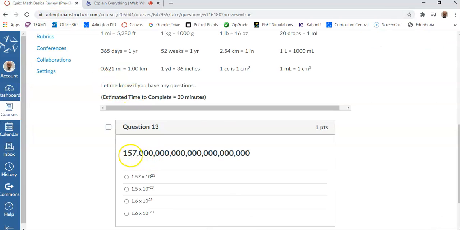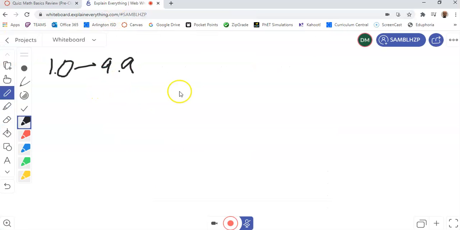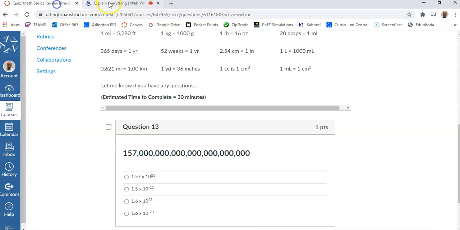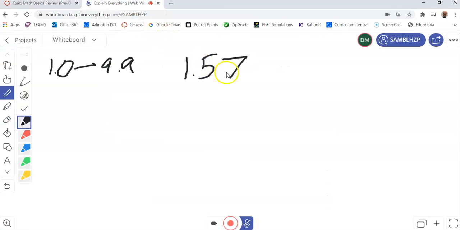In this case, the only place we can put it to comply with that rule is between the 1 and the 5. So we get 1.57, and then a bunch of zeros. We'll get to those in just a second. The second step, we're going to round to 1 decimal place. So 1.57 is going to round up to 1.6.